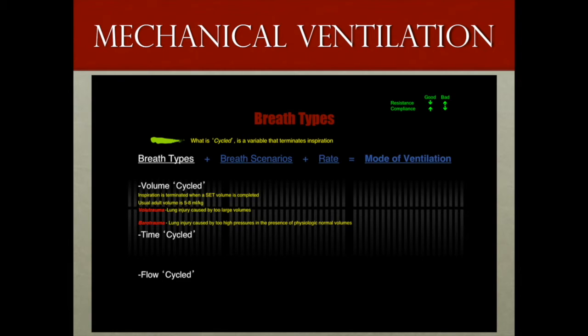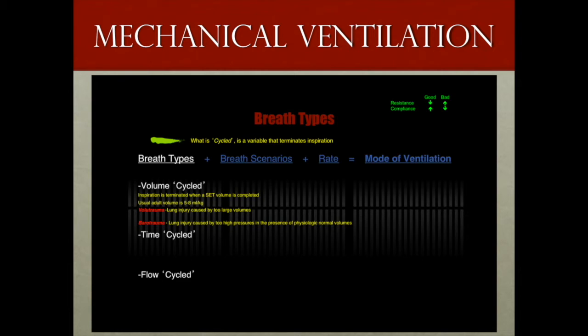So for a volume cycle breath type, what you're saying is that we are going to set a specific volume, and once that volume has been achieved, that will be the variable that indicates the timing of the termination of inspiration. A usual adult volume for ventilation will be between about 5 to 8 cc's per kilogram. You will find sometimes patients need more, and sometimes with patients who have lung injuries, you may ventilate them less, 3 to 5 cc's per kilogram sometimes.